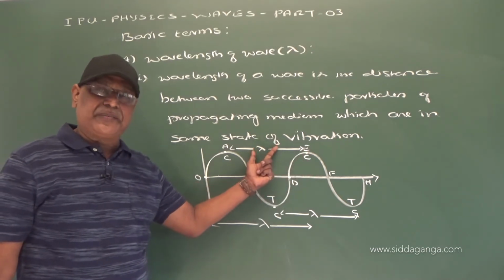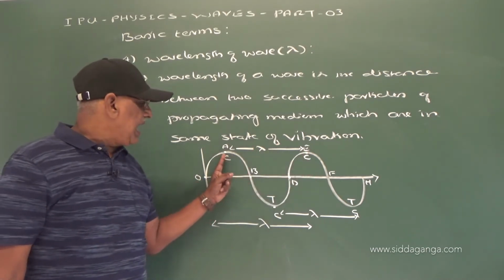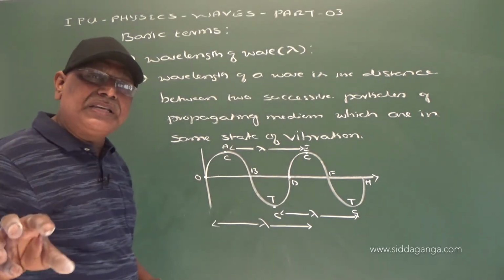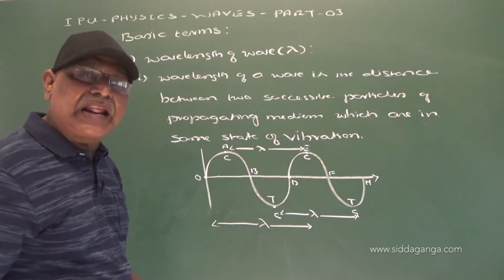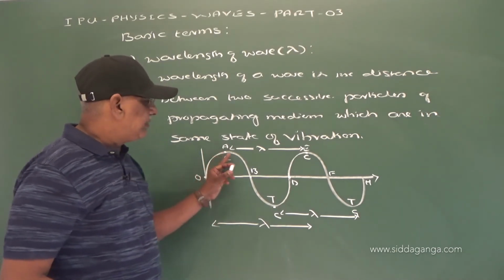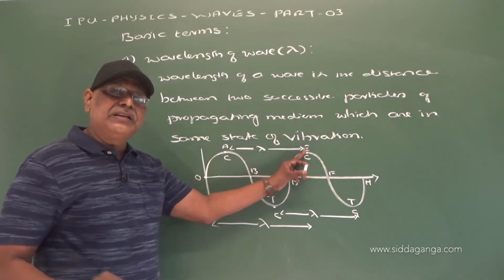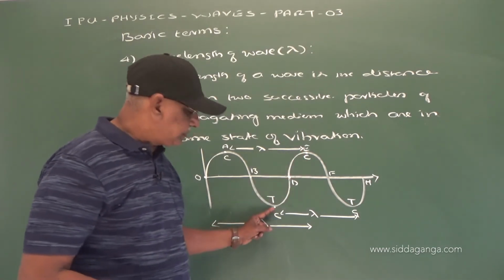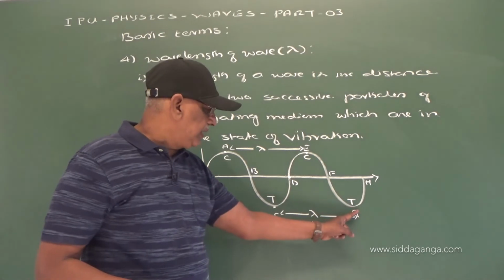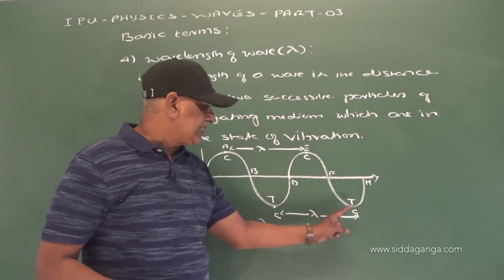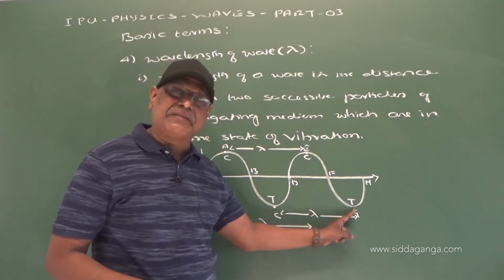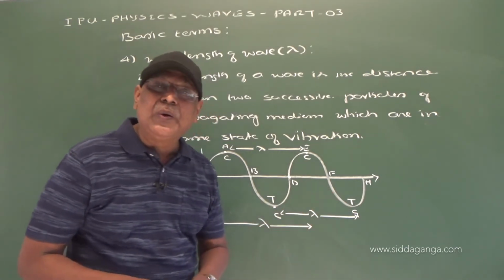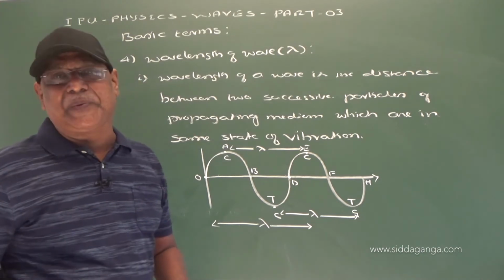Equal to lambda. A and E are two consecutive crests of a transverse wave. Their distance is equal to the wavelength. The distance between two successive troughs in a transverse wave is also equal to the wavelength of the wave.